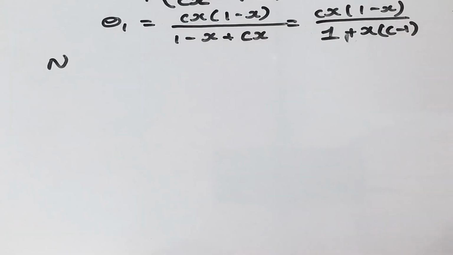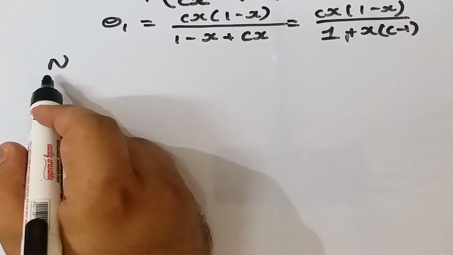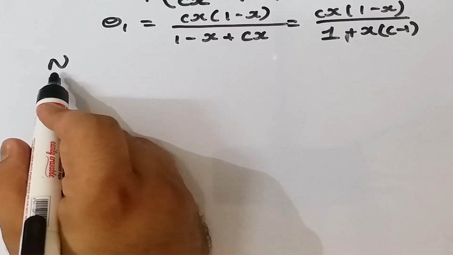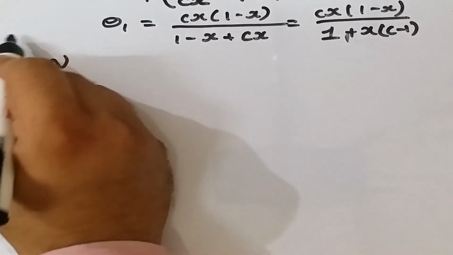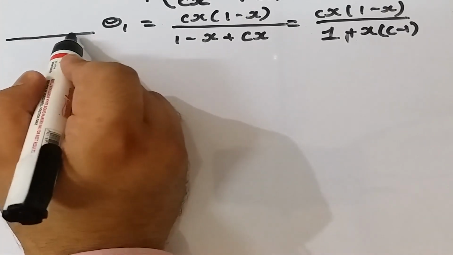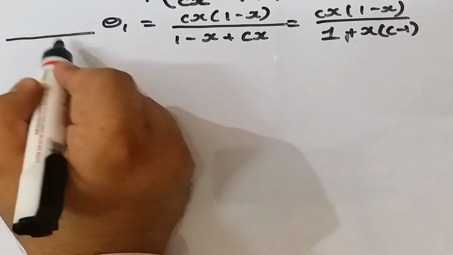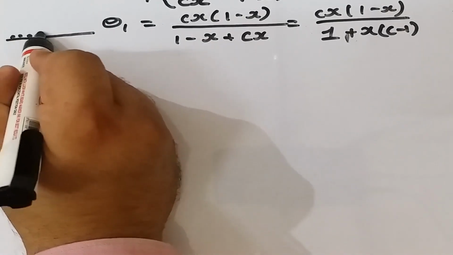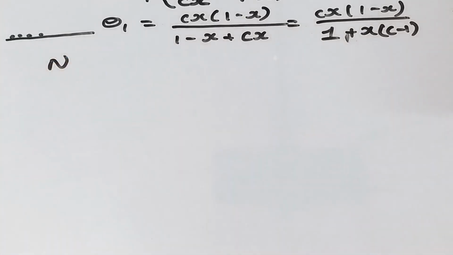Now further, suppose we consider that n is the total number of molecules adsorbed per unit mass of adsorbent, that is we have a certain amount of adsorbent, and for a unit mass of the adsorbent, n is the amount of gas molecules adsorbed per unit mass.